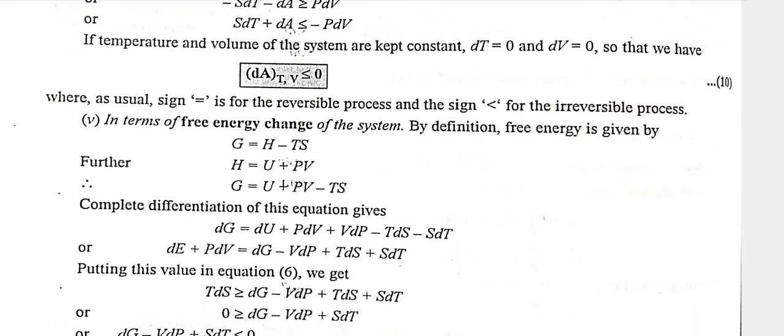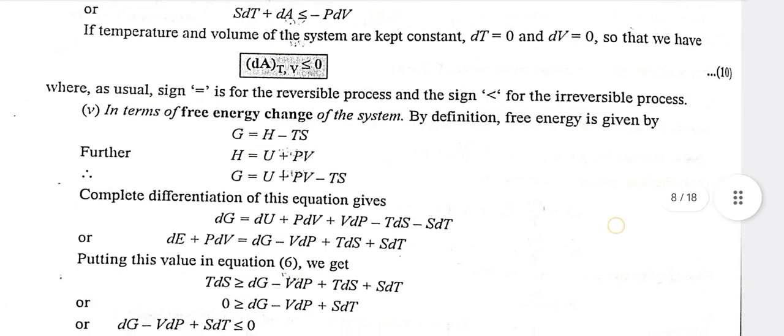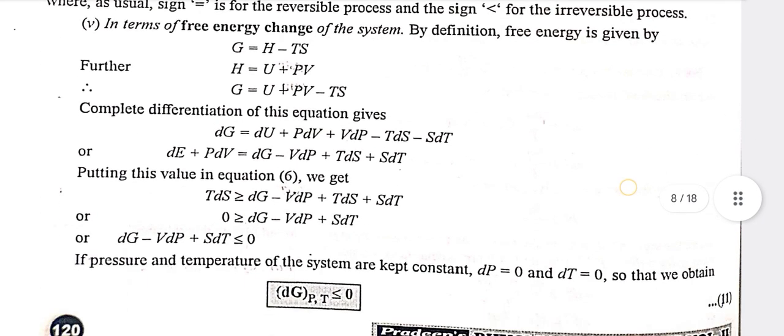In terms of free energy change of the system, by definition, free energy is given by G is equal to H minus TS, where H is equal to U plus PV. So G is equal to U plus PV minus TS. Complete differentiation of this equation gives dG is equal to dU plus PdV plus VdP minus TdS minus SdT.